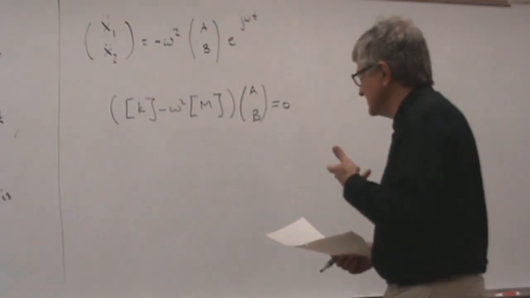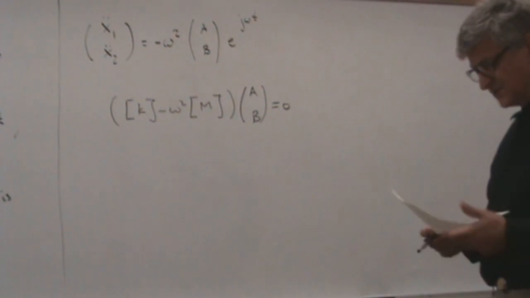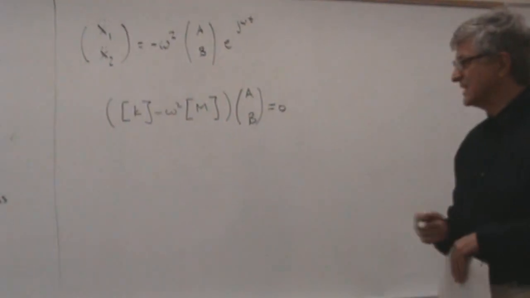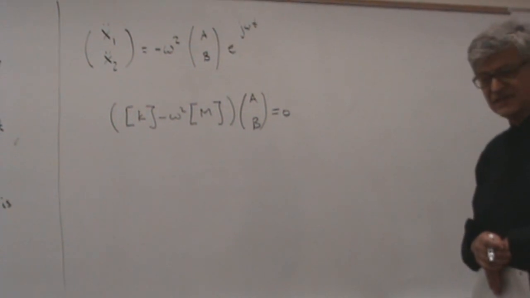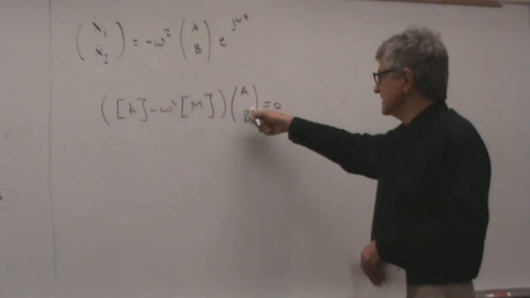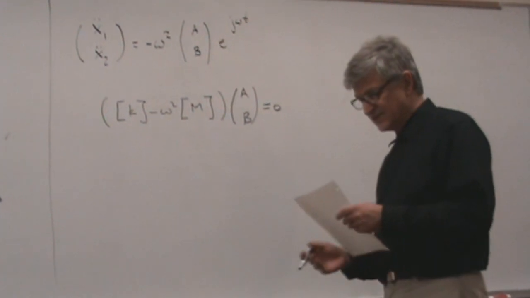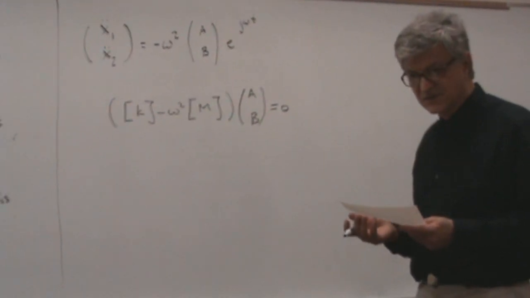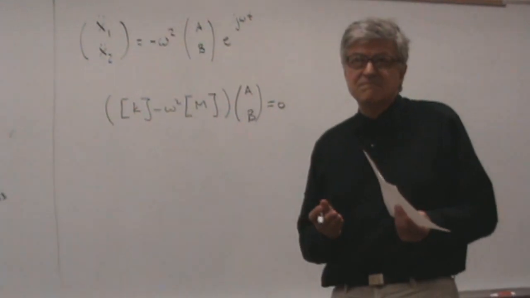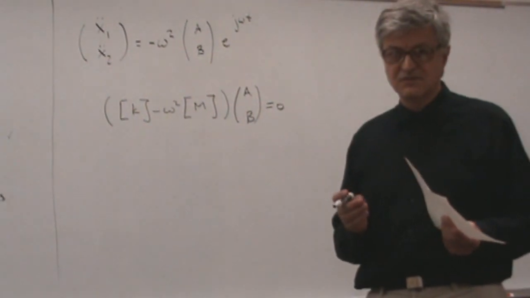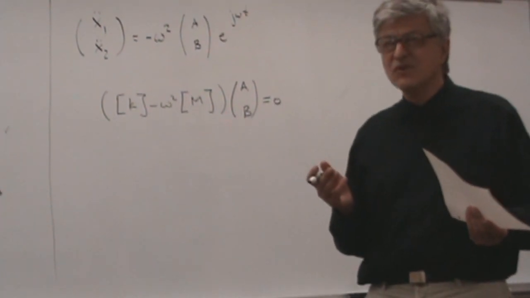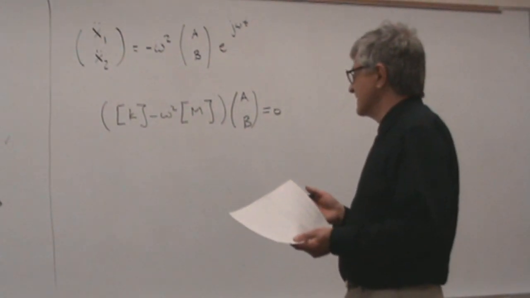This is an equation that has an obvious solution if you are looking for A and B, the two displacements. What is this? Well, if A and B are both 0, the equation is satisfied. But that's a trivial solution, which essentially corresponds to the fact that the two masses don't move. Okay?